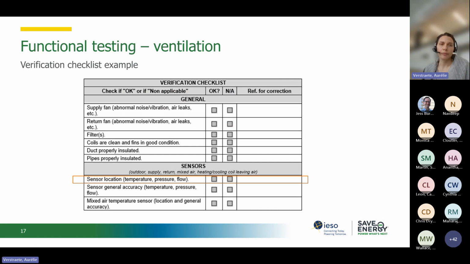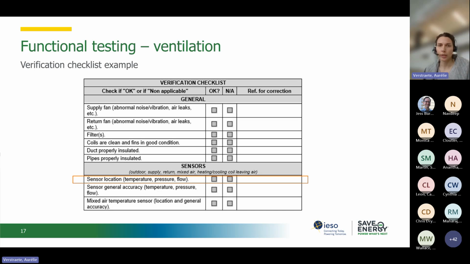Here we give a verification checklist, including what we can call pre-functional verifications. For example, verify if filters are clean, if coils are clean, maybe verify sensor location. Is it a satisfactory location?